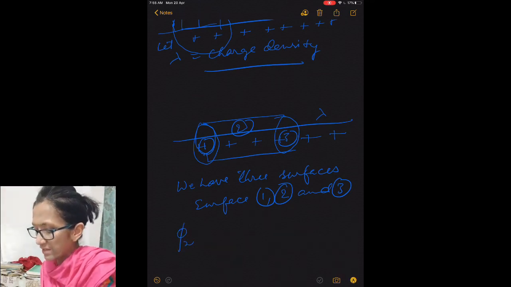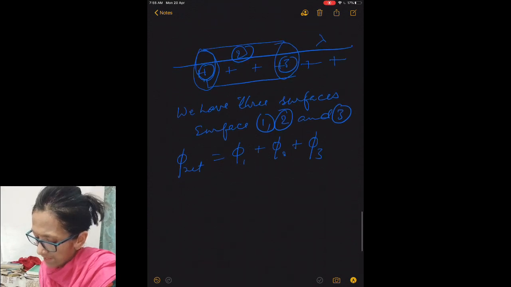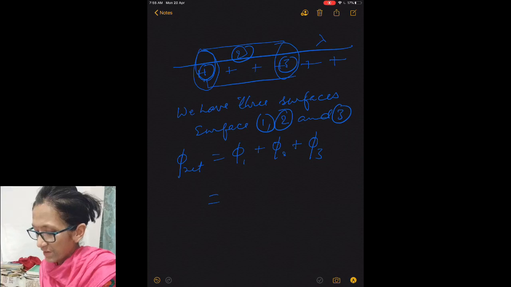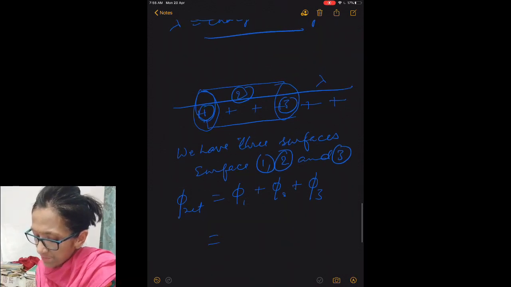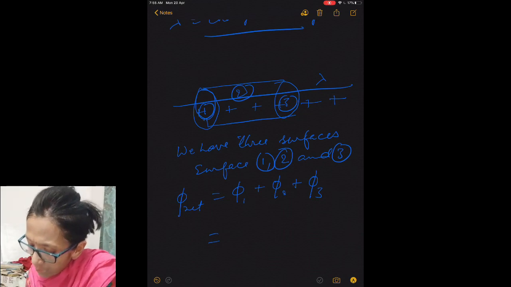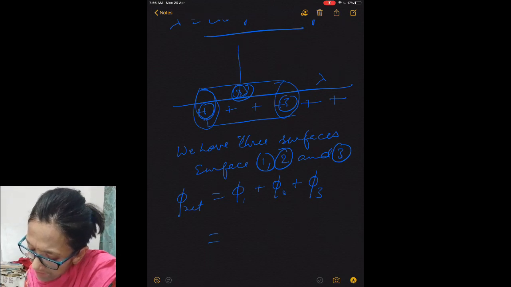As you know, flux is a scalar quantity, so flux net can be equal to phi1 plus phi2 plus phi3. Now let us take small area everywhere, and then we find the surface integral of flux and electric field.